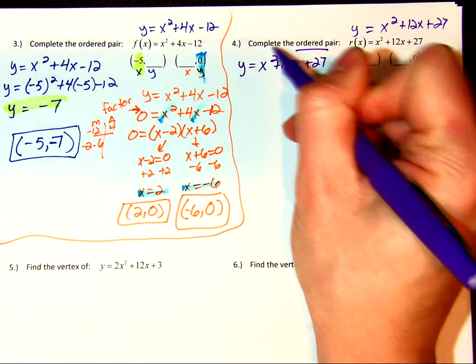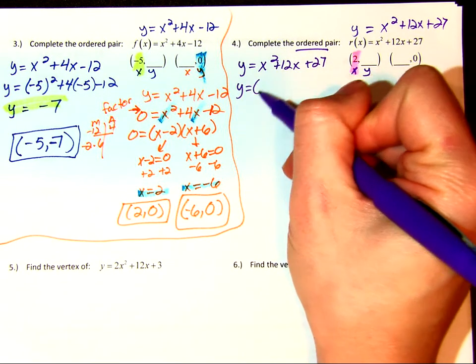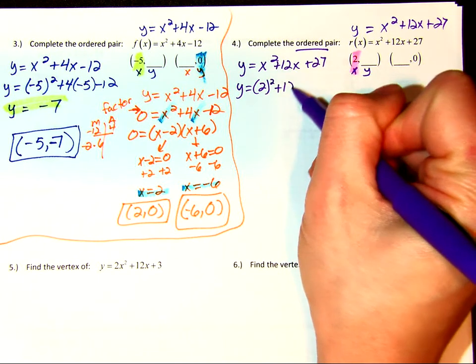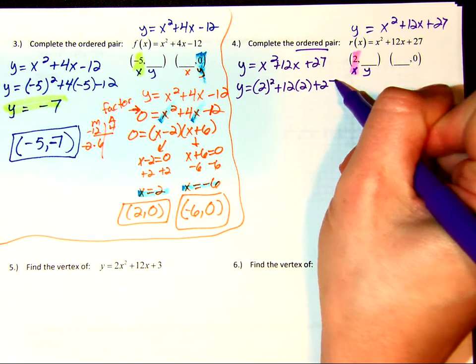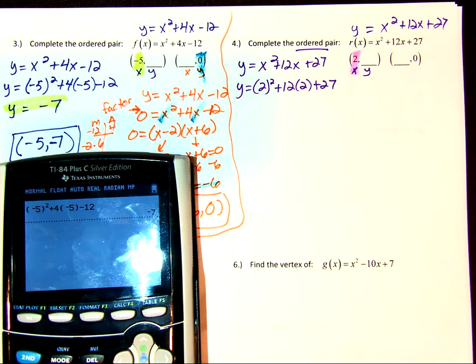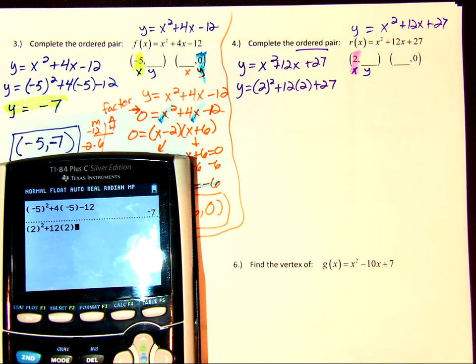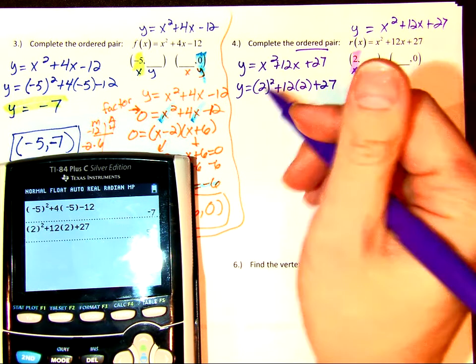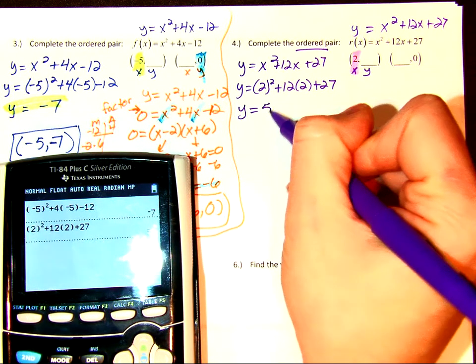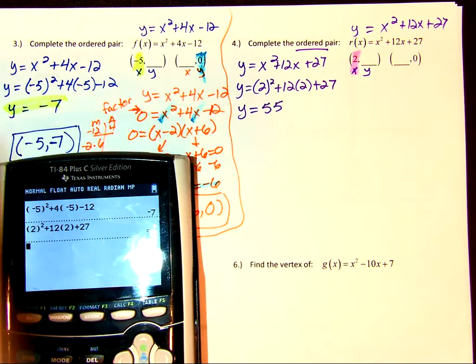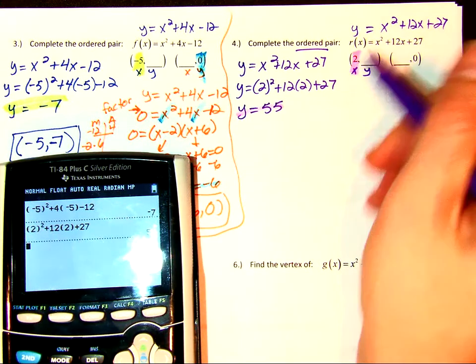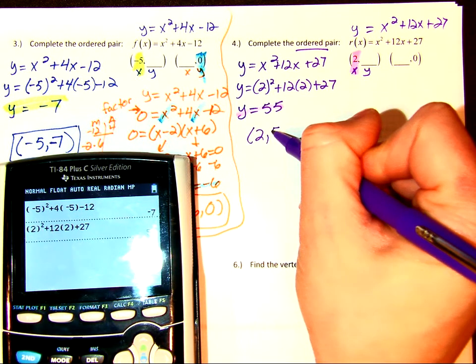So y equals 2 in parentheses squared plus 12 times 2 plus 27. We can type that into our calculator. So y equals 55. So now I know y equals 55 when x equals 2, so my coordinate is 2 comma 55.